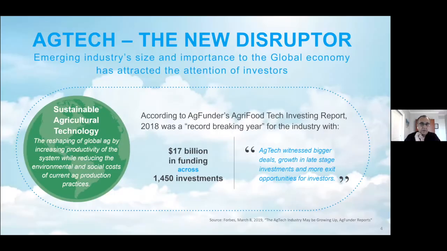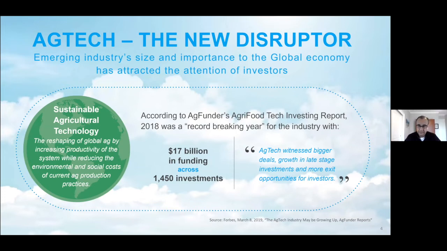So just as a quick reminder, we are operating in an extremely attractive sector called sustainable agricultural ag tech. This is a portfolio of technologies that globally are being looked at to deliver more sustainable and more productive agriculture for the future.